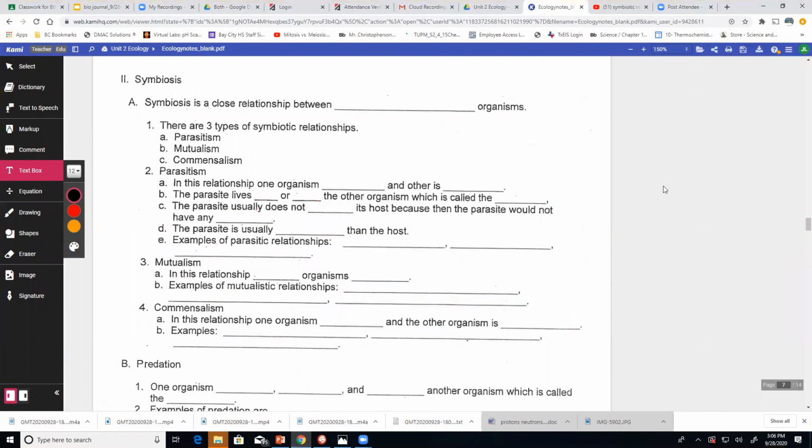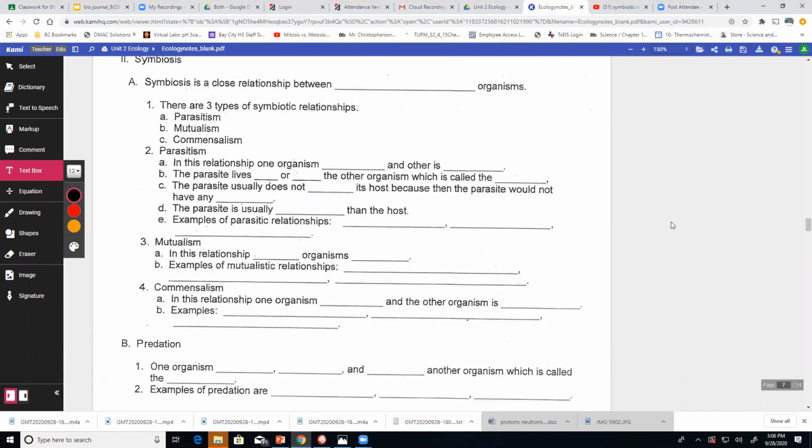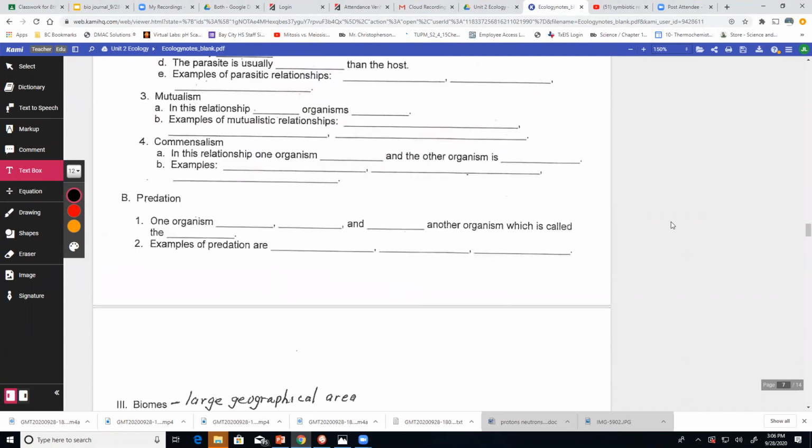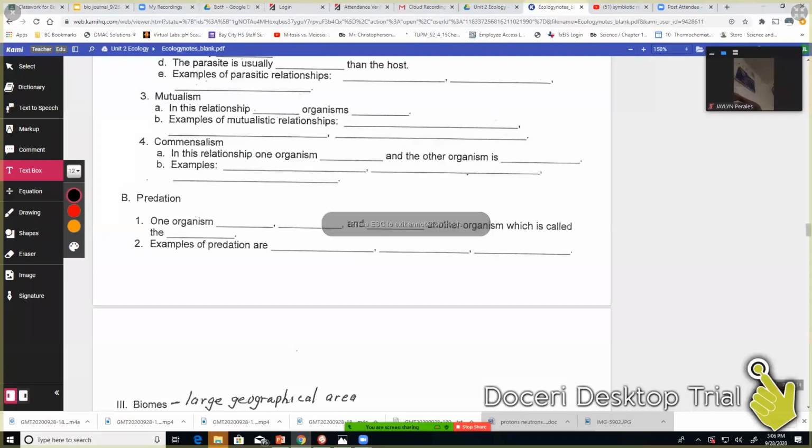All right, move this up a little bit. And then the next one is called commensalism. And in this one, one organism benefits and the other organism is unaffected.